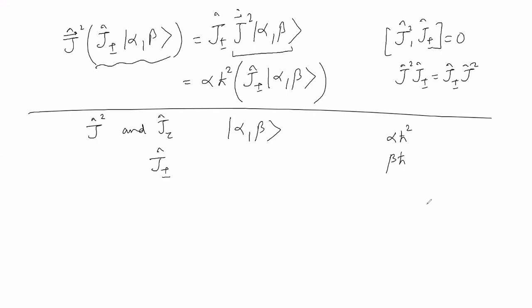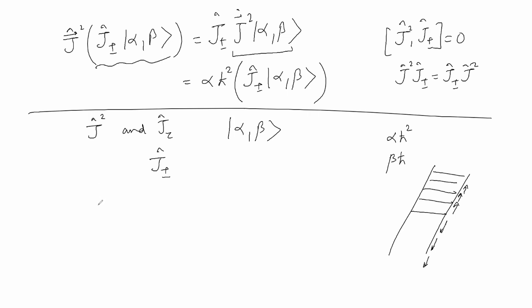And that means this is proportional to |alpha, beta+1> or |alpha, beta-1>. That means it is something like a ladder. You can go up by 1 unit in beta if you are using a raising operator.